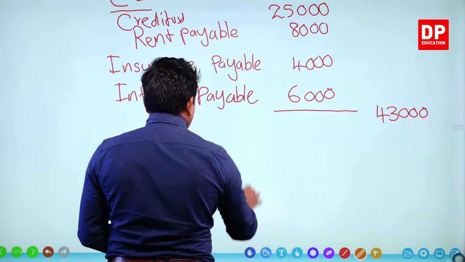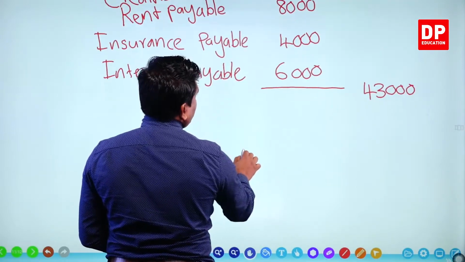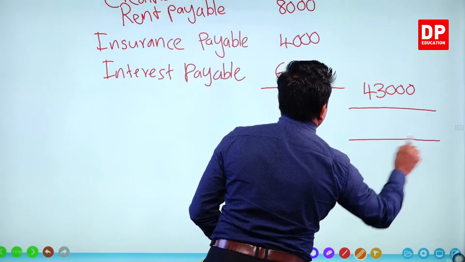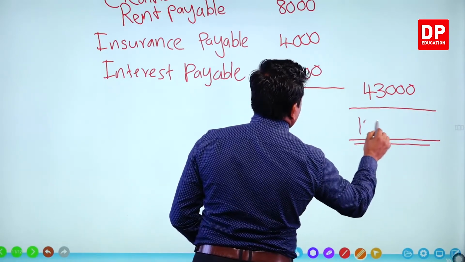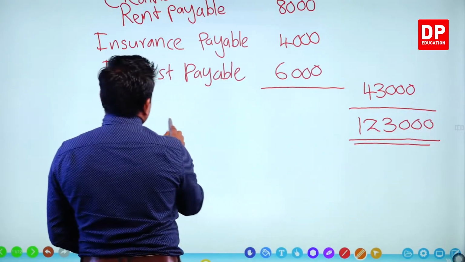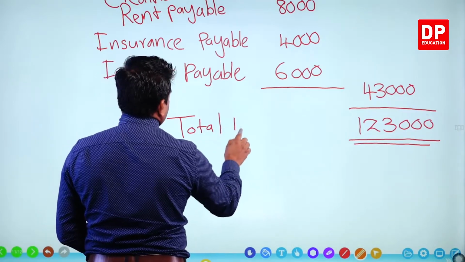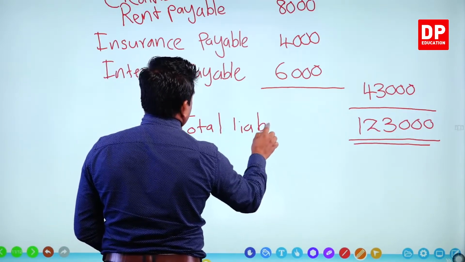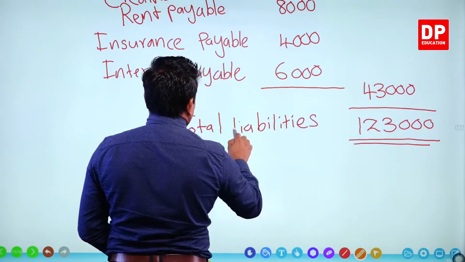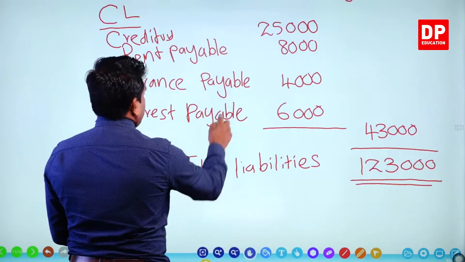You can see above, non-current liability total is 80,000, right? 80,000 plus 43,000 is total liabilities. 123,000, total liabilities. Now we move to the question and answer again, right?